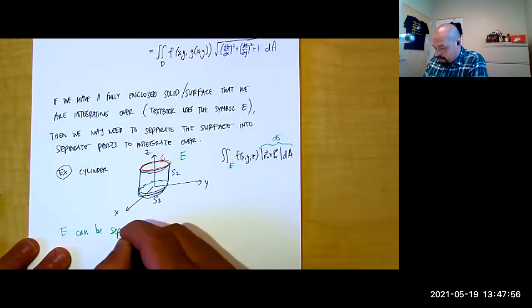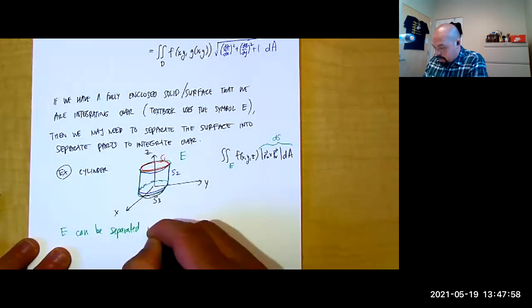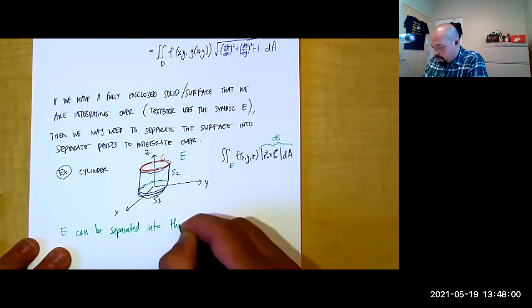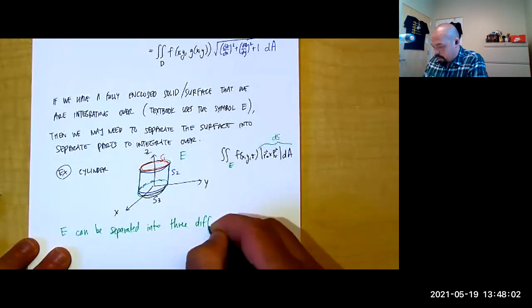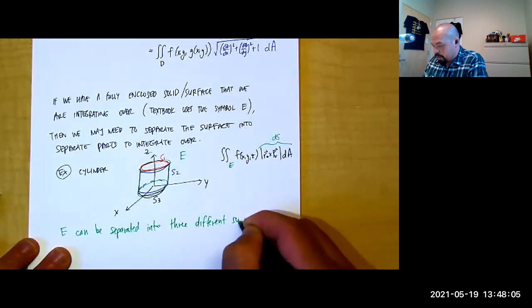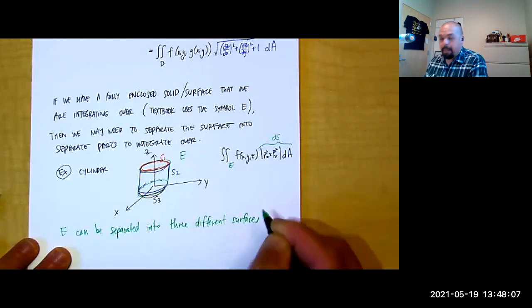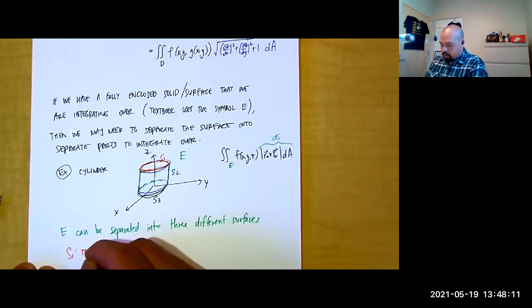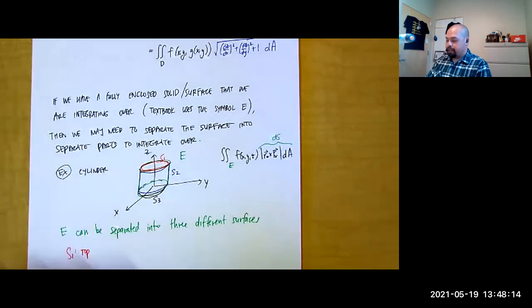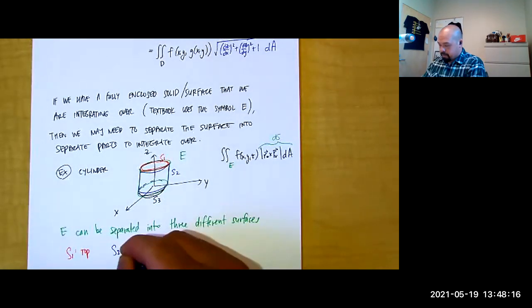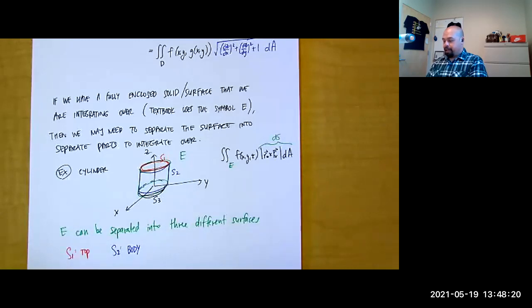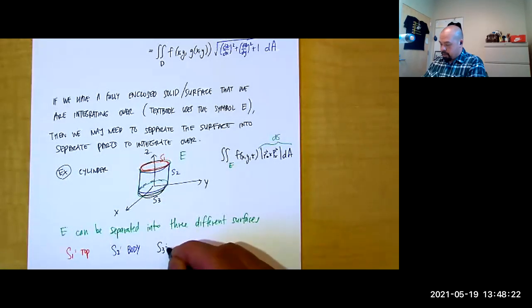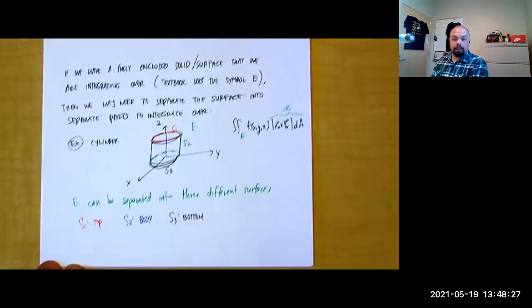In this problem, what we have to notice is that E can be separated into three different surfaces to create that full body. S1, that's the top portion. S2, the body of it. And S3, the bottom, the lower portion.